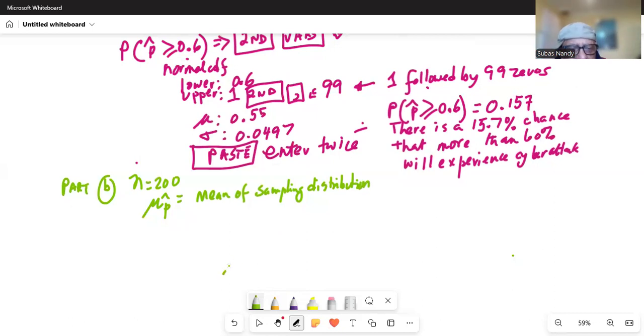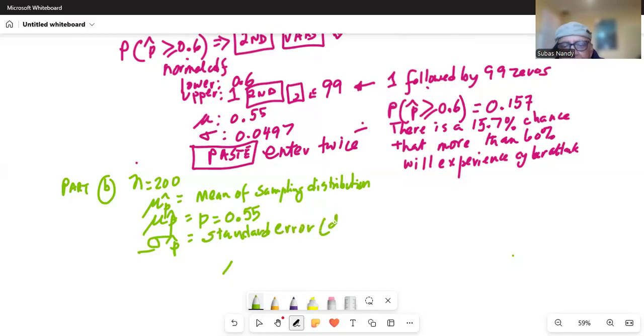Mu p hat is equal to p, and that still stands at 0.55. Now let's take a look at the standard deviation of the sampling distribution. Sigma p hat is the standard deviation, sometimes called the standard error, of the sampling distribution.